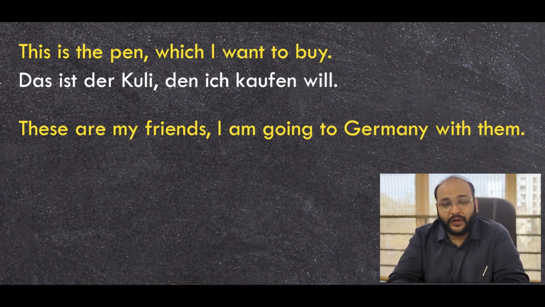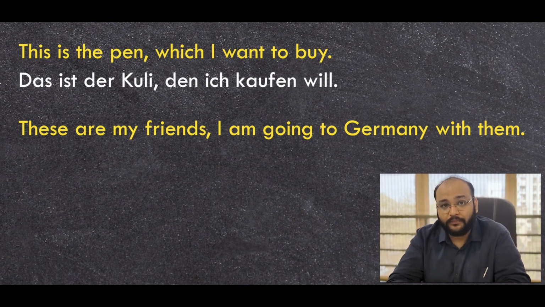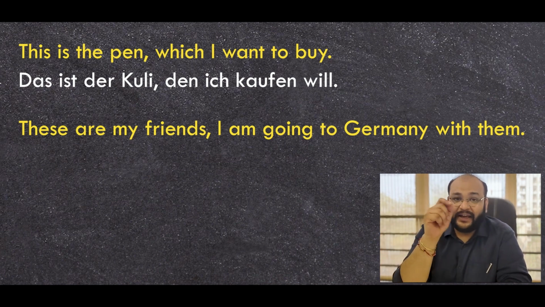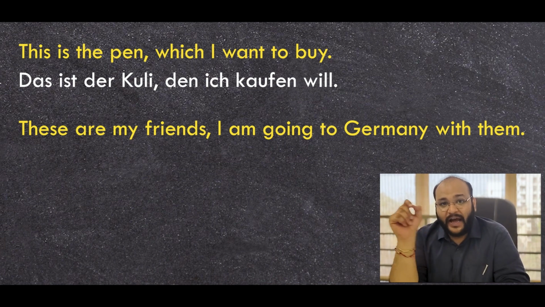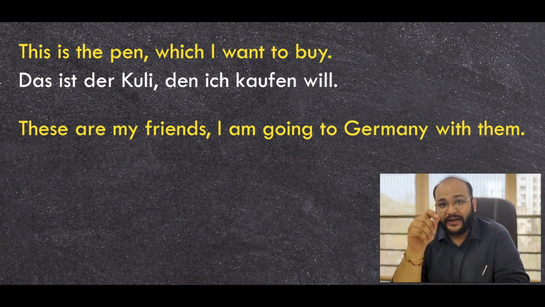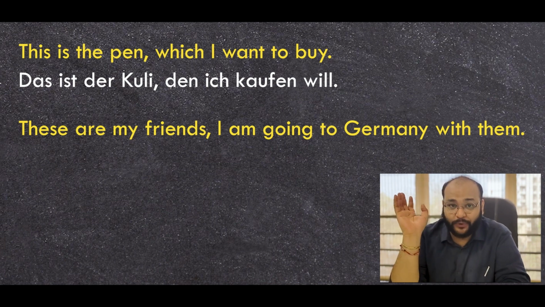So the translation would be, das sind meine Freunde, comma, with them. Here, with is a dative preposition. So mit denen, so that is a difference. In our definite article table, dative plural is den, but in relative pronoun, dative plural is denen. So that is one exception, one difference I should rather say.